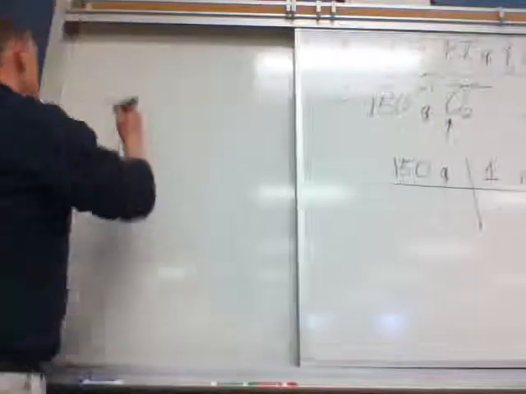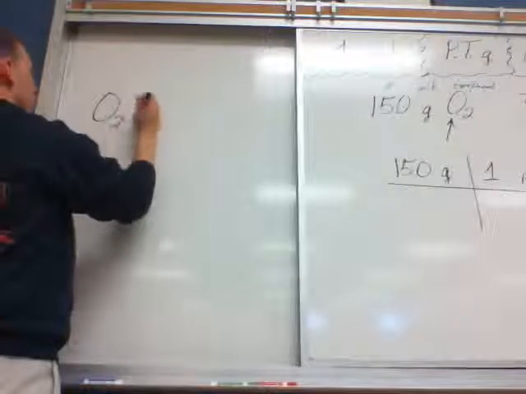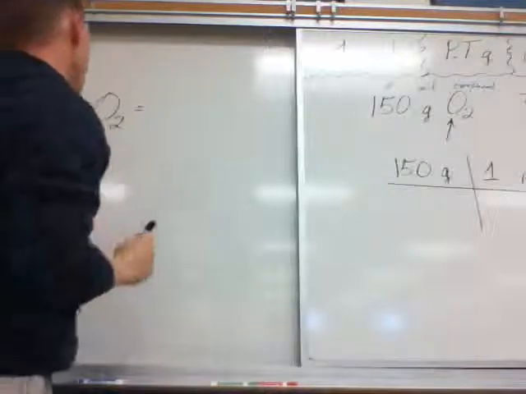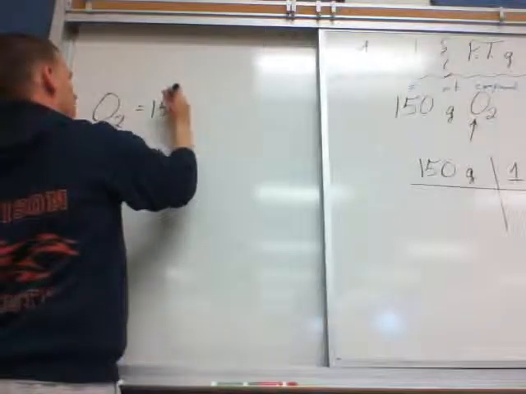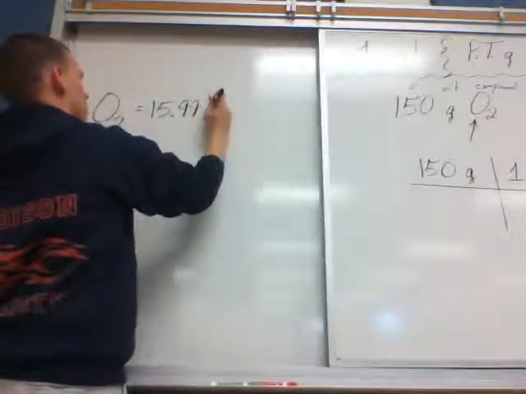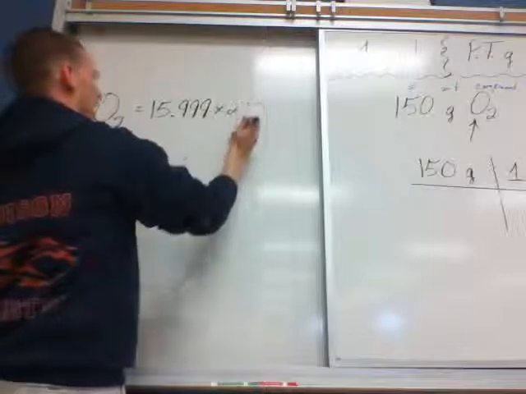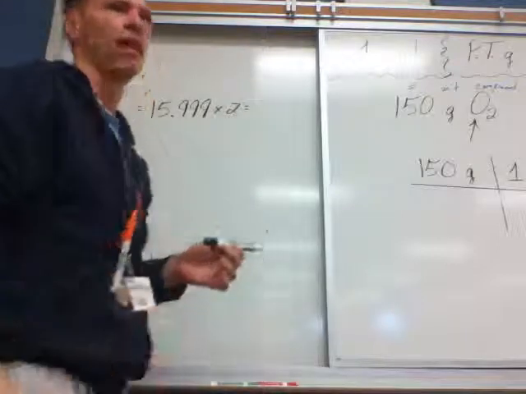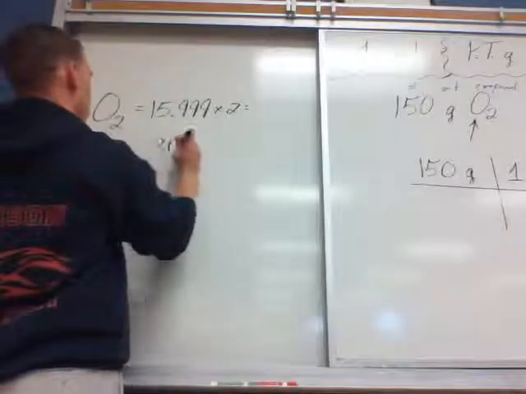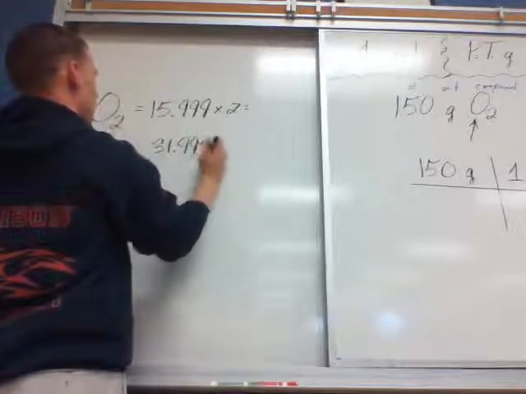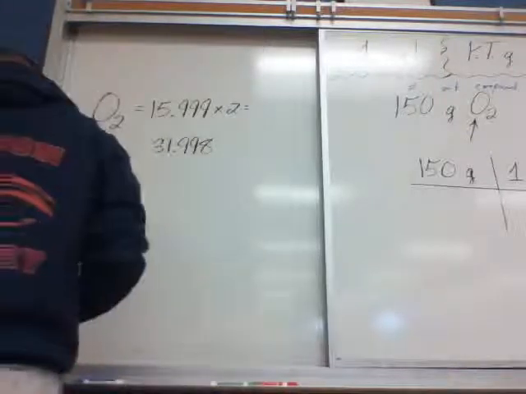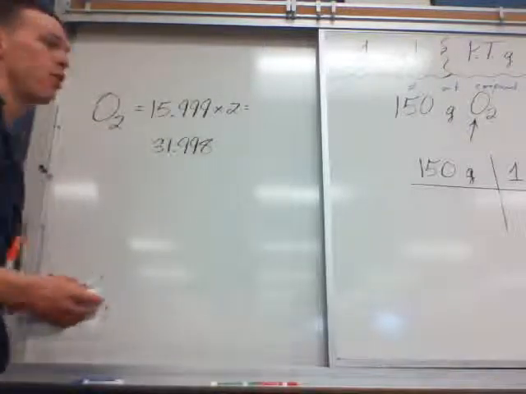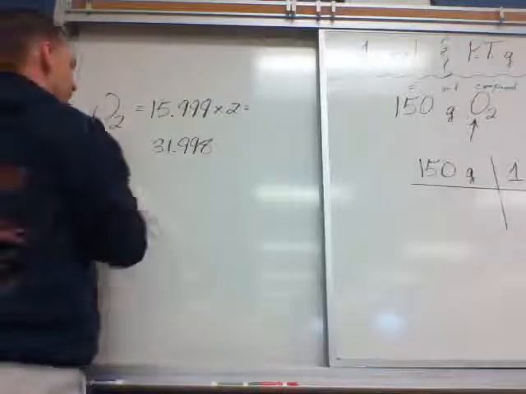So, he's O2. Oxygen has a mass of 15.999. There are 2 of them in this case. Somebody give me that value. He said 31.998. There's the periodic table value that we were looking for. 31.998.